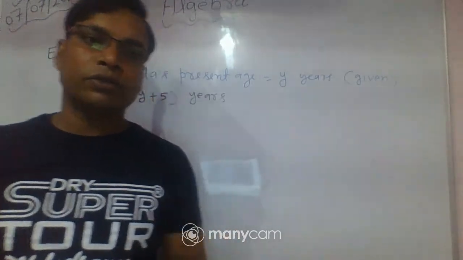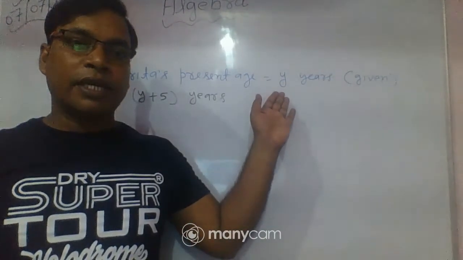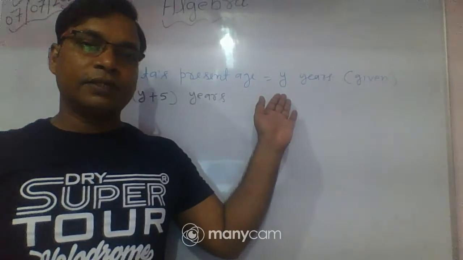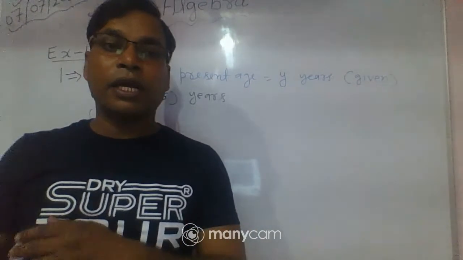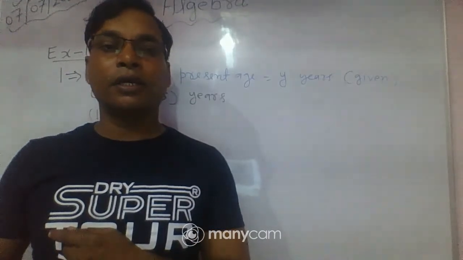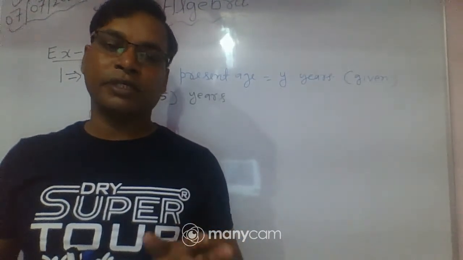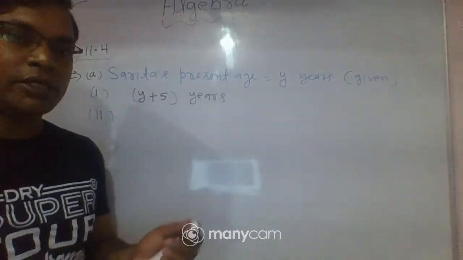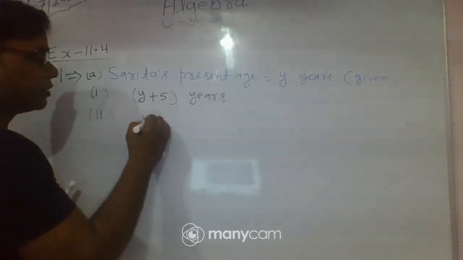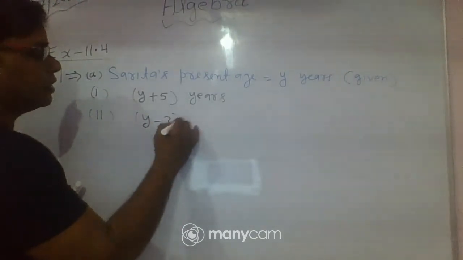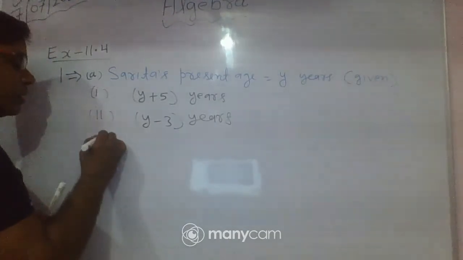So present age of Sarita is y years, and Sarita's age 3 years back, before 3 years, is y minus 3 years.